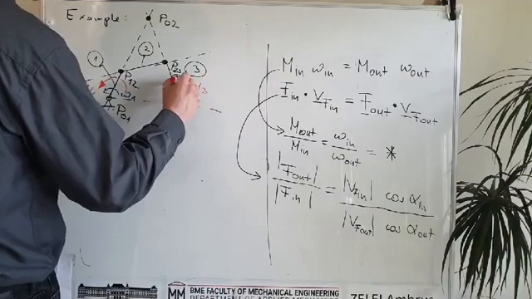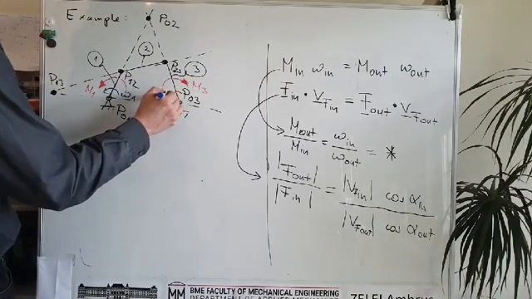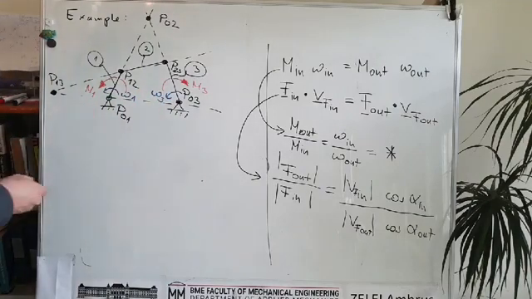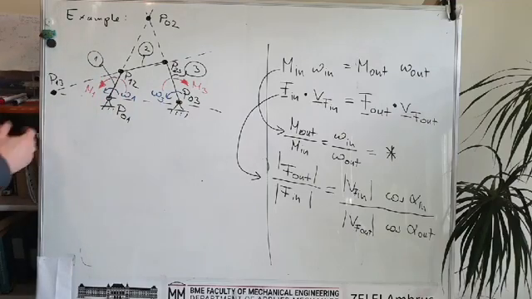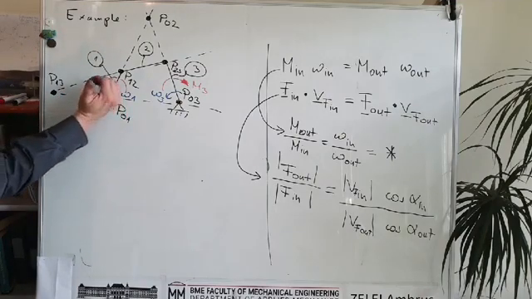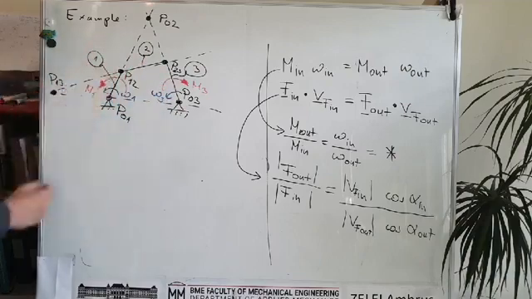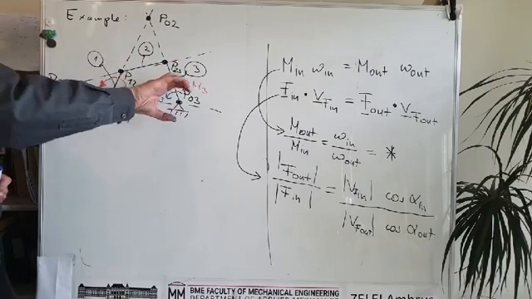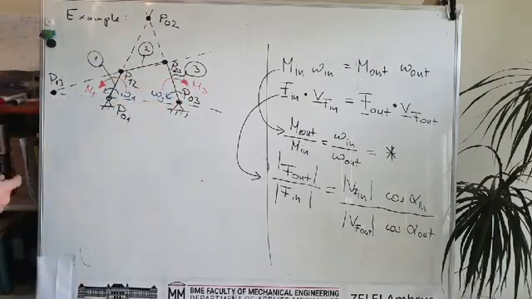So this is m3, and the output velocity will be something like this. There is a driving torque, and therefore the whole thing moves like this. And there is a loading torque which tries to brake us, tries to prevent our motion, so that's why it's in the opposite direction, and of course it comes from the equations too.